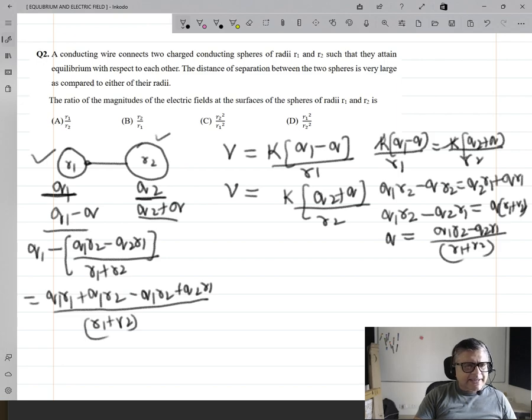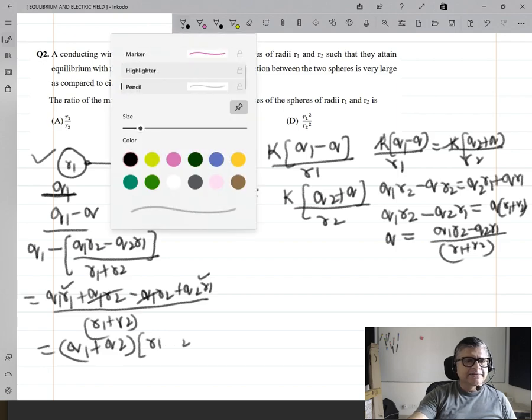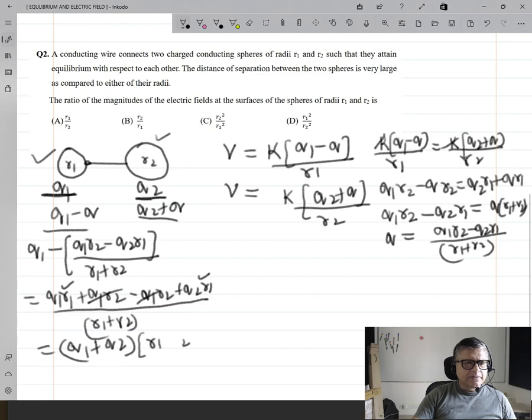Let's see if something cancels. Q1R2 goes away, so you are left with R1 common from the two terms, giving R1(Q1 plus Q2) divided by (R1 plus R2).